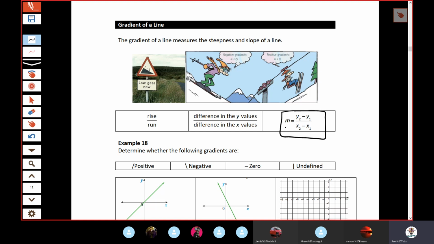And yes, we use the letter m for gradients. We don't use the letter G. We use M for midpoint, so you don't get confused. That's why I was writing MP, midpoint. So m equals y2 minus y1 over x2 minus x1.